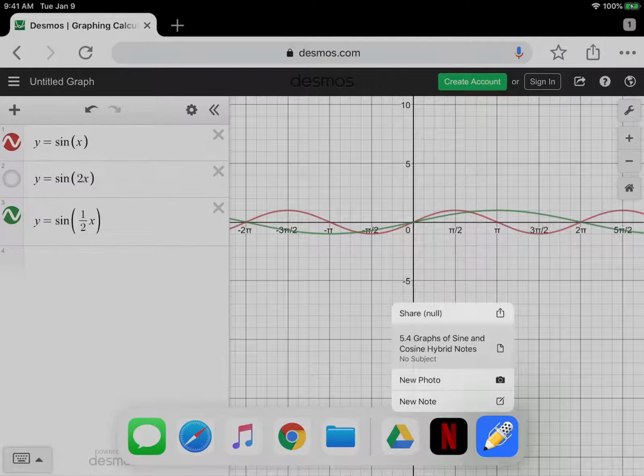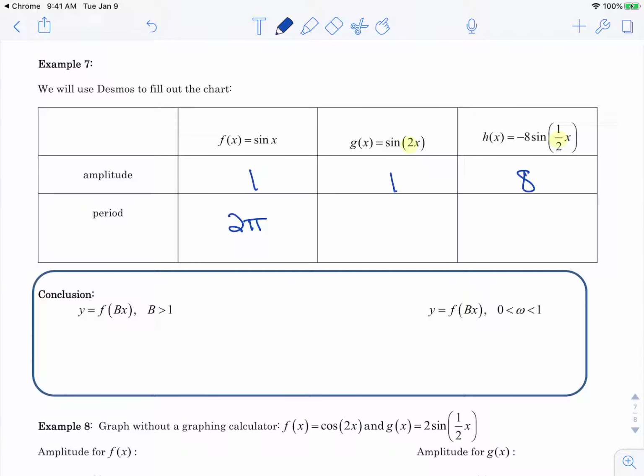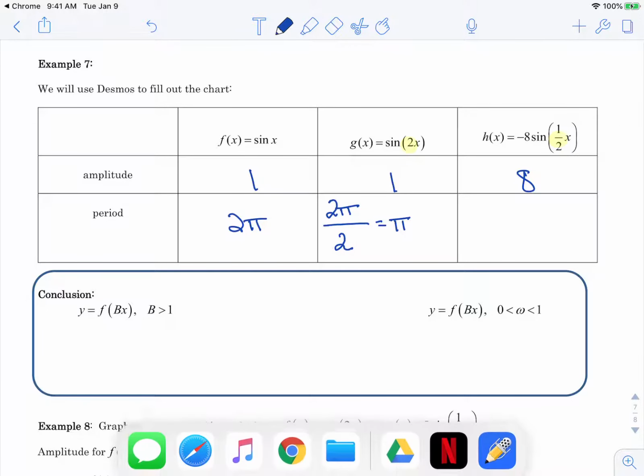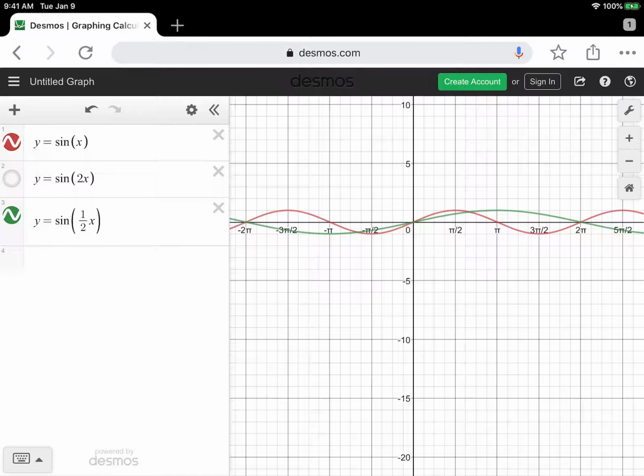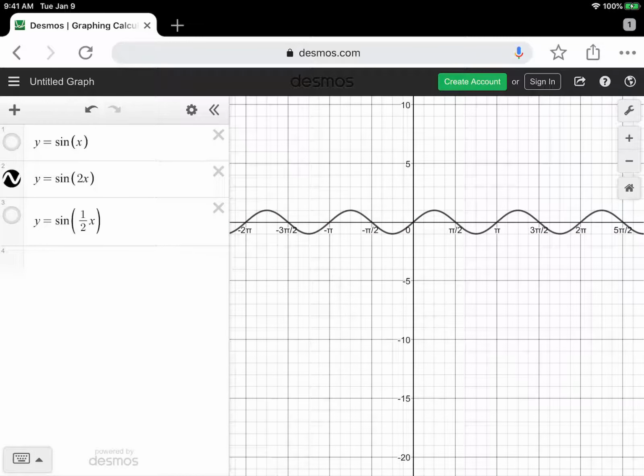So how we figure that out: it looks like our period is being affected. Every single time to figure out your period, you take your original period and divide it by whatever is inside your parentheses. So we end up getting pi. Let's check that out visually. I'm going to get this away and just focus on this one.